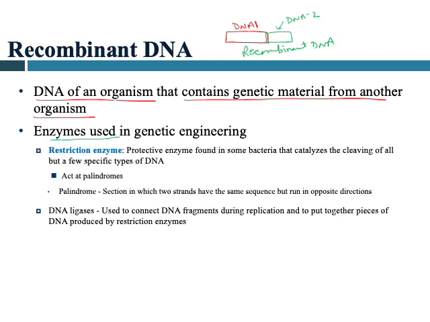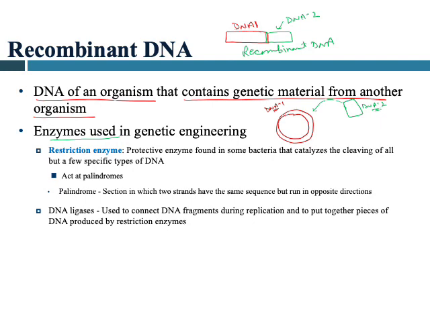Let's say this is your circular DNA first, and then this is your required DNA, DNA2. So how are you going to incorporate DNA2 into DNA1 to make that recombinant DNA?